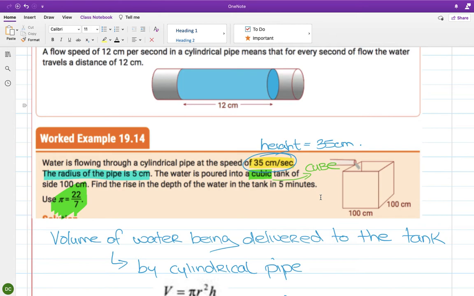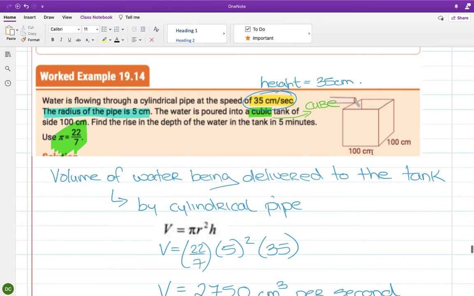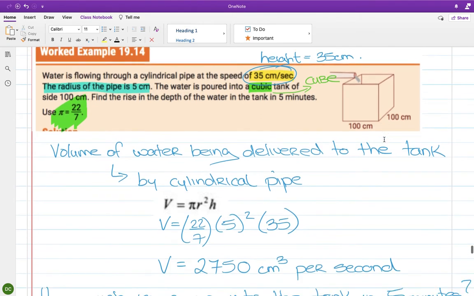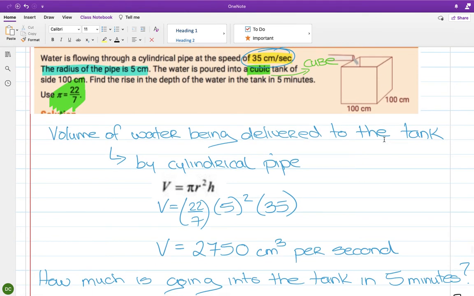So we know that the tank is 100, 100, 100 because it's cubic, but we want to know how much it has filled up, okay? So we know that there is 825,000 centimeters cubed of water gone into this tank.